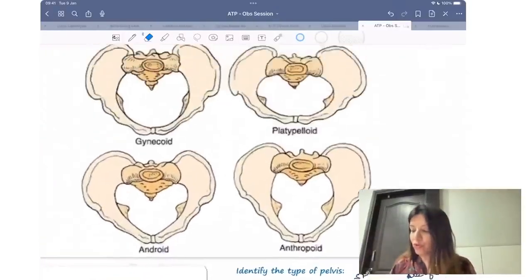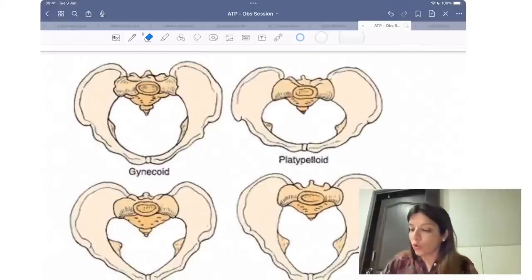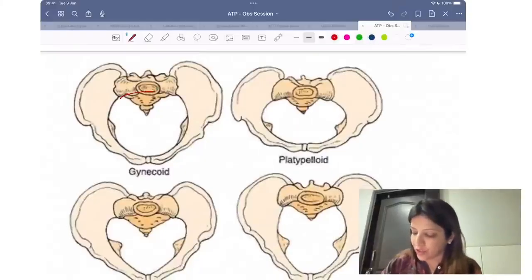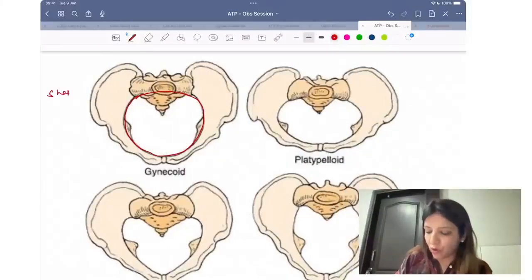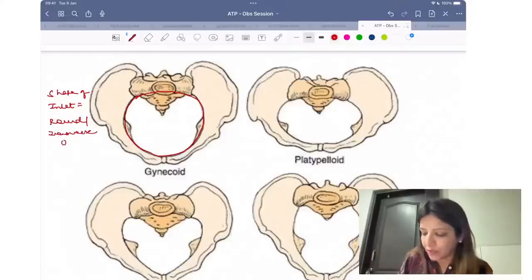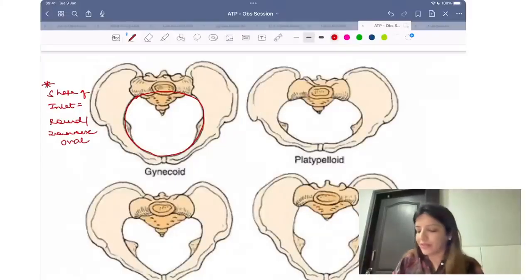I want all of you to look over here. Once you look at the shape of the inlet, if it is round or a transverse oval, then that is gynecoid pelvis.